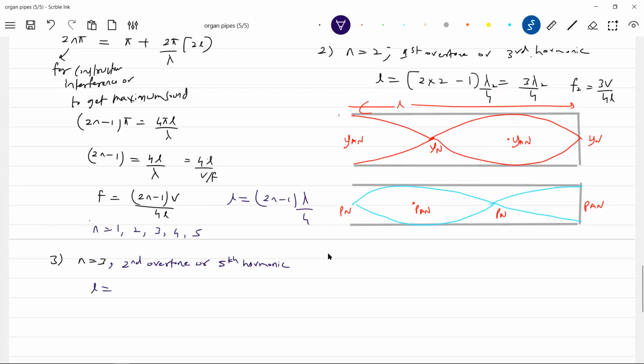Then L, the length of the pipe, will be (2×3 minus 1) lambda by 4, that is 5 lambda by 4.